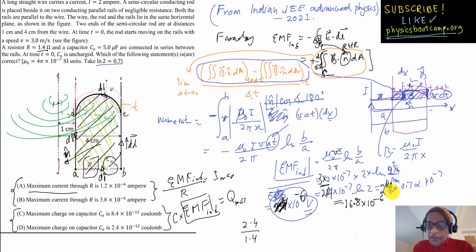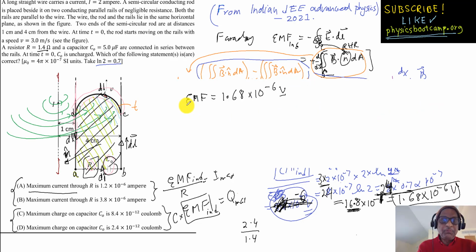Okay, so I kind of made a mistake over here. So you're at 24, and 0.7 is 16.8. So that makes it 1.68 times 10 to the minus 6 volts. So that's EMF. Let me erase and then work out those numbers, okay?